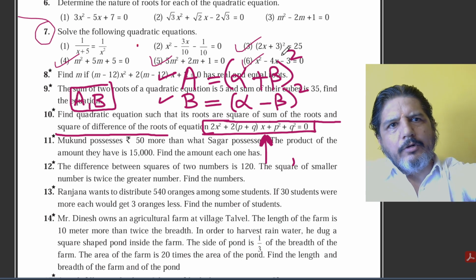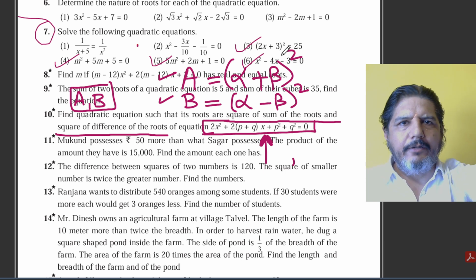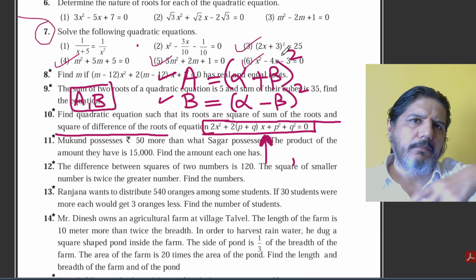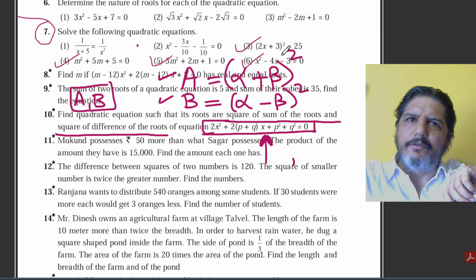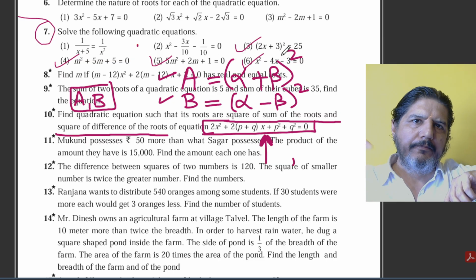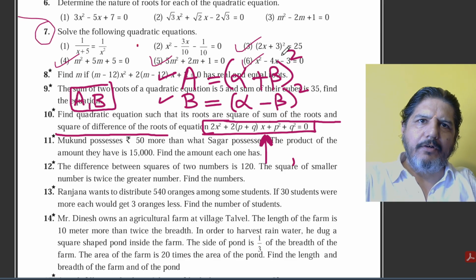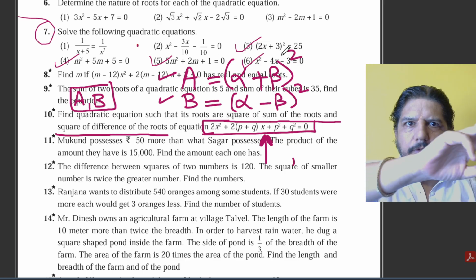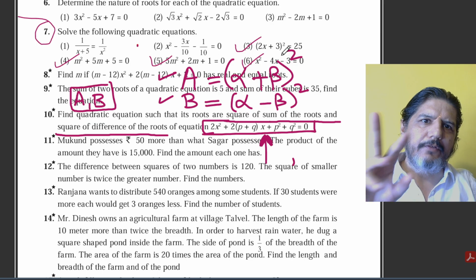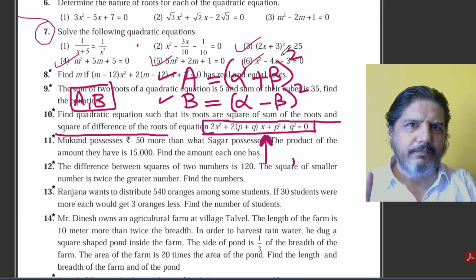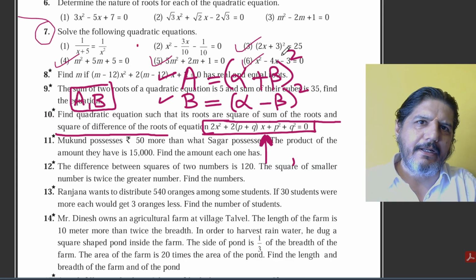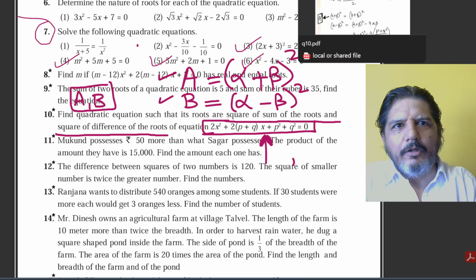We have found the value of alpha plus beta. We are trying to find, and we will find, the value of alpha minus beta. Now, for the equation that we have to find, the capital A is alpha plus beta whole square, and capital B is alpha minus beta whole square. So A and B are the roots of the quadratic equation that we have to find. I hope it is very clear to you till now. Now let's look at the solution.